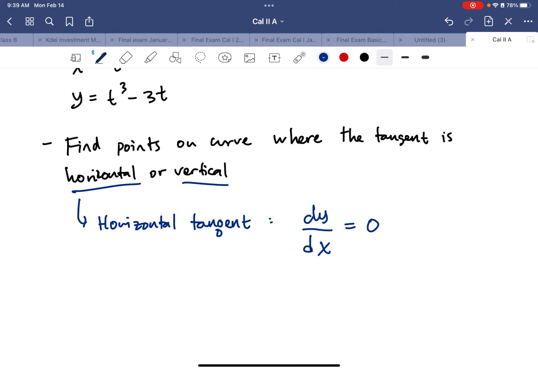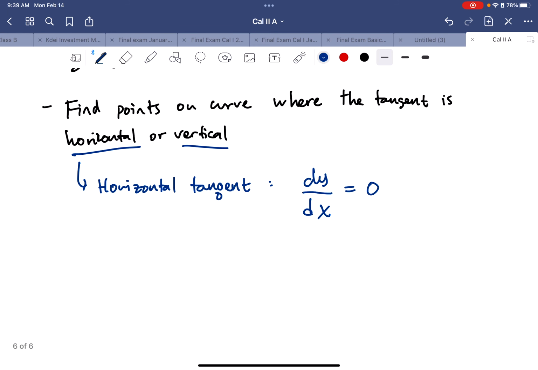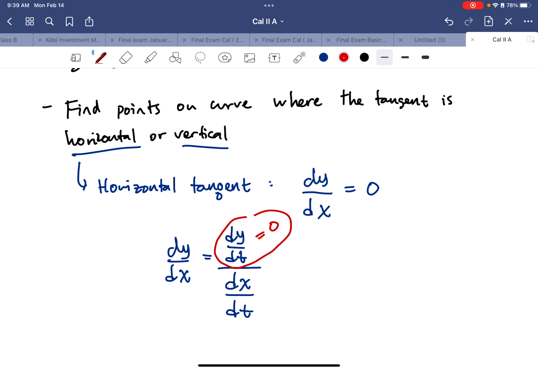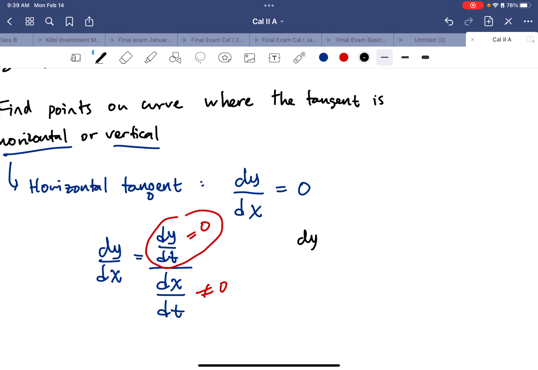So how does this happen in our parametric? If we remember, the top one here should be 0, and this one should be not equal to 0. It should be a number, right? So this should be a 0.